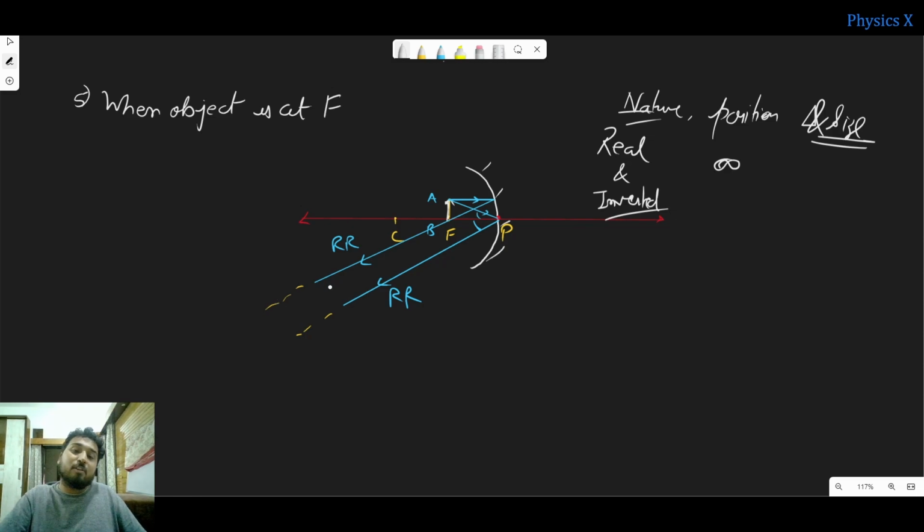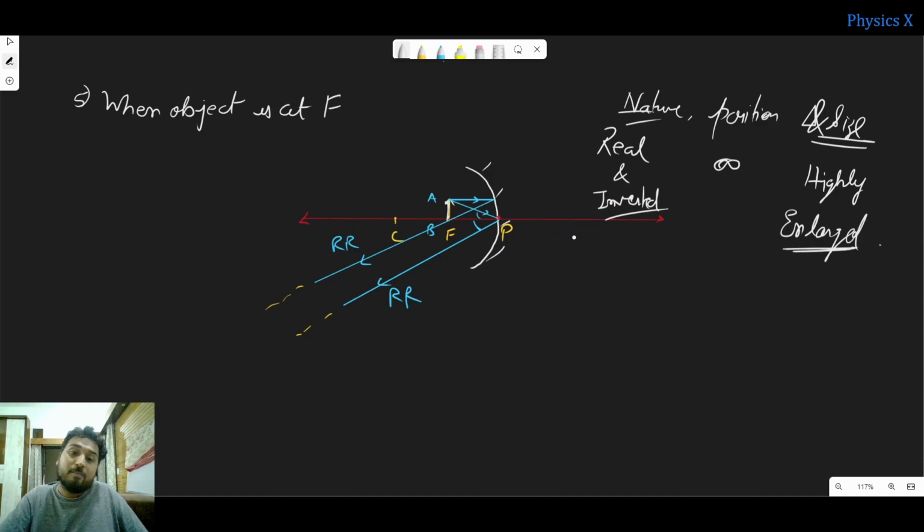And obviously when something is meeting at infinity, whenever you put a reflecting screen anywhere, you will be observing some part of the object there. So that is why I'm telling you that it will be a real and inverted image, and it will be highly enlarged. That is the meaning.